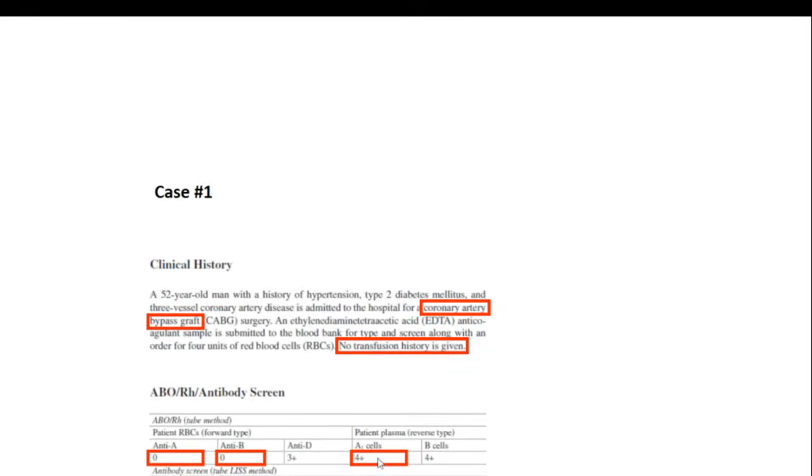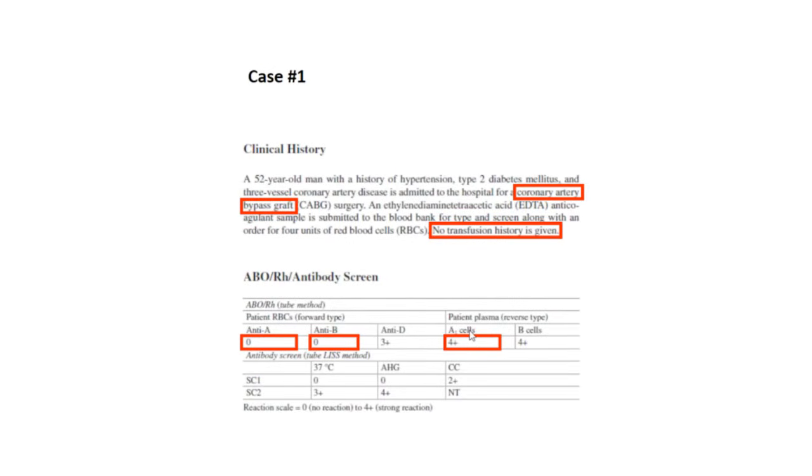So here, the patient's plasma reacted with reagent A1 cells, reacted strongly with B cells. So this corresponds with an O patient, and we do the RH or the D phenotype, and we see that the patient is 3+ positive. So this corresponds to an O positive patient.